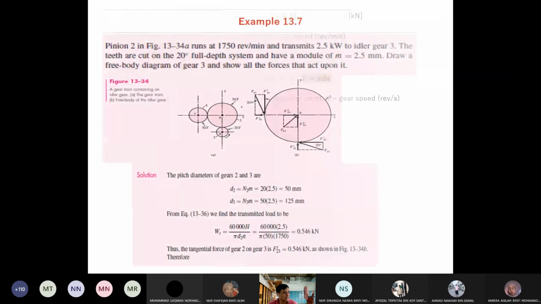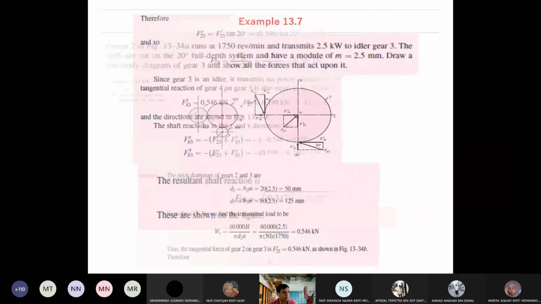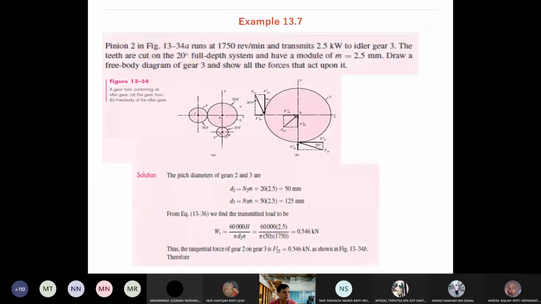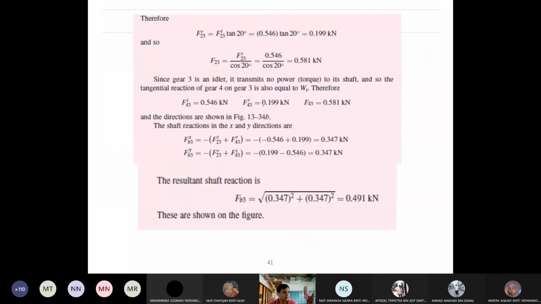So because the example after this is quite technical too, alright. And there's not much left.